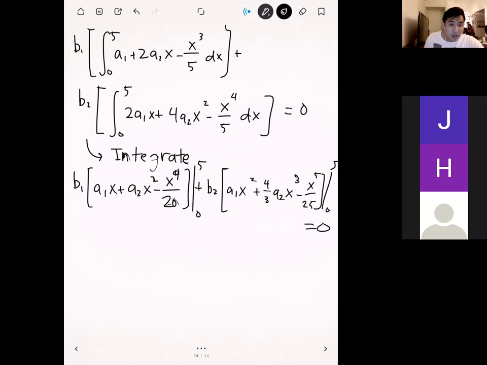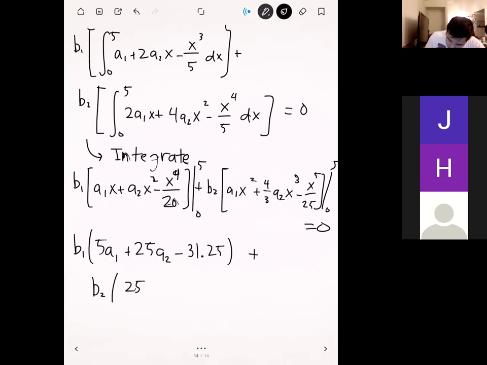Right? And then if we perform these integrations, we get the following. We get B1 times 5A1 plus 25A2 minus 31.25, plus B2 times 25A1 plus 500 over 3 A2 minus 125.